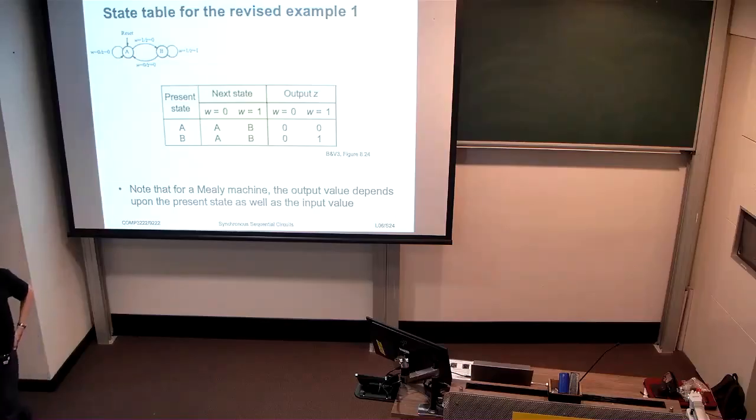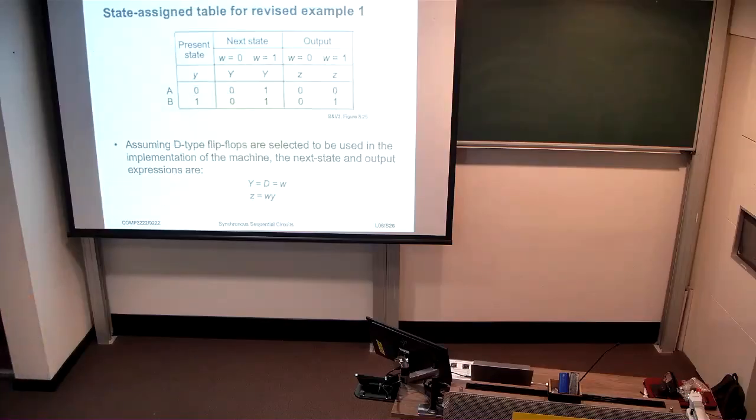What's the next step? State assigned table. So we have our 1 variable, y. Without loss of generality, let's say state A is 0 and state B is 1, although you could think of it the other way around. I don't think it's going to make any difference though.